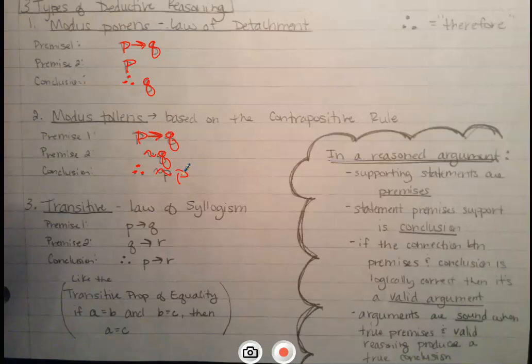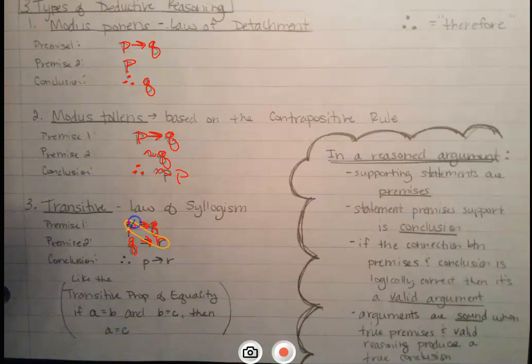The last one is the transitive, the law of syllogism. This one is new because we have an R now. If it says P therefore Q, and Q therefore R, the transitive part is that we are substituting those in.